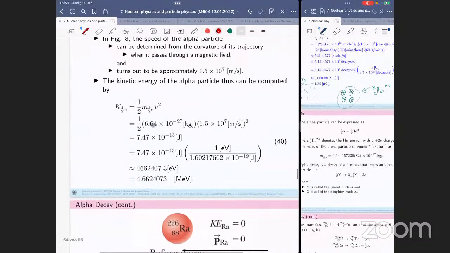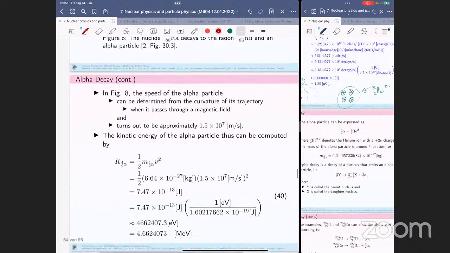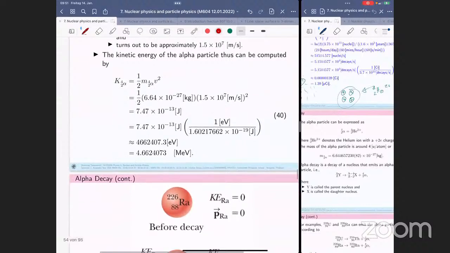That's the kinetic energy of the alpha particle. You can see that it's stronger than the electron. And this is the clever thing for people who try to harm others by building the atomic bomb or nuclear bomb from this process.